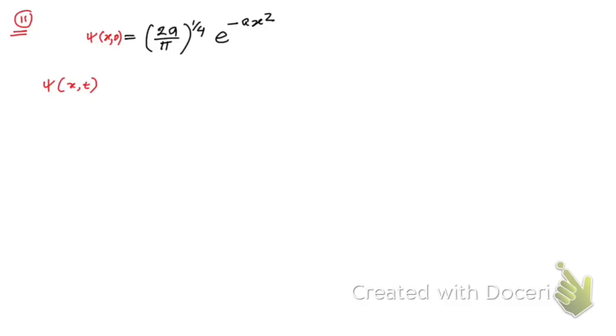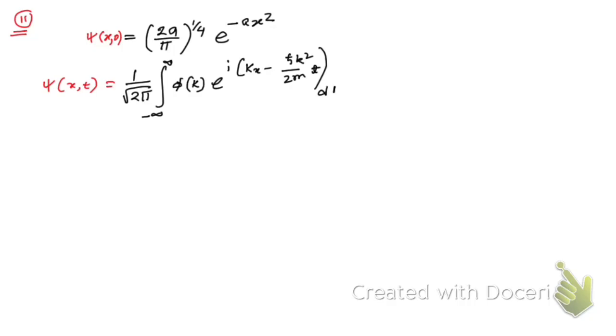And psi of x comma t is equal to 1 by root over 2 pi, integral from minus infinity to plus infinity of phi of k e to the power i kx minus h cut k square by twice m into t dk. So hope you have already noted this formula, right?